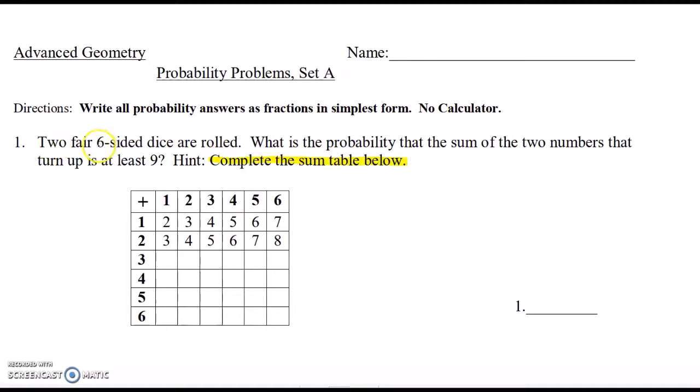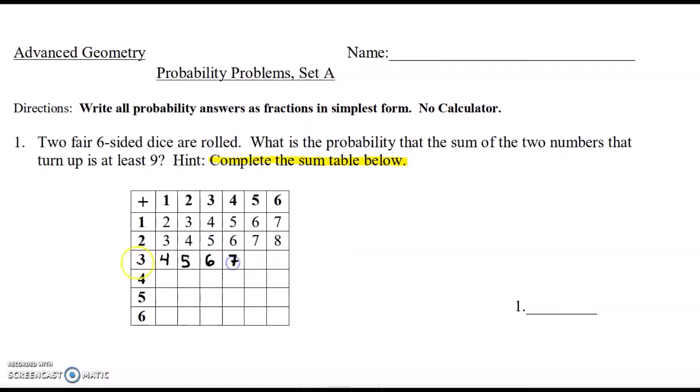So when you roll two six-sided dice, you could roll a 1 and a 1, and their sum is 2. You could roll a 1 and a 2, the sum is 3. Roll a 1 and a 3, the sum is 4, etc. If I were to roll a 3 and a 1, that would add up to 4. 3 and 2 would add up to 5.